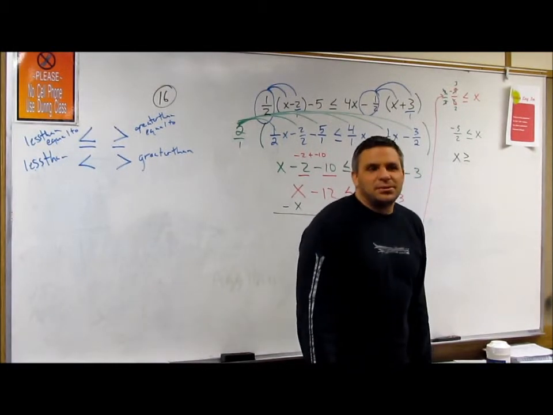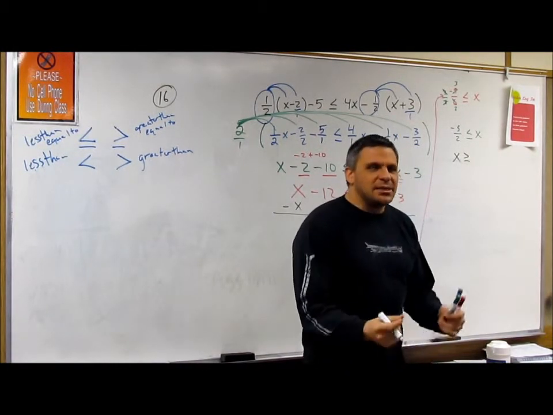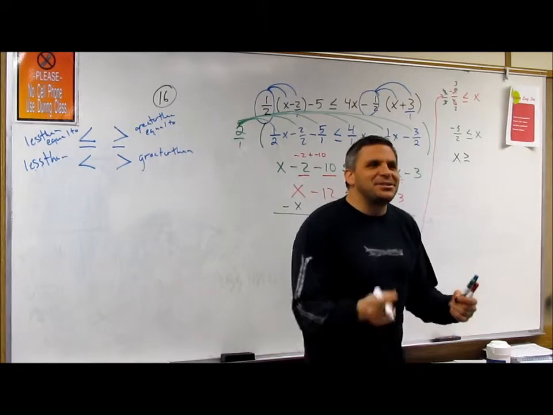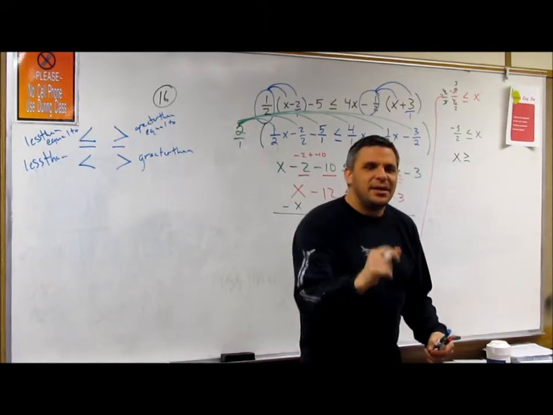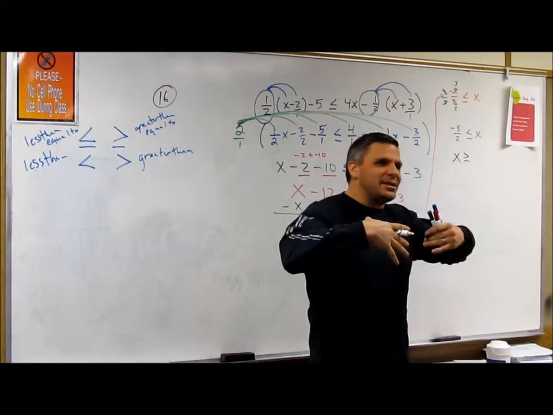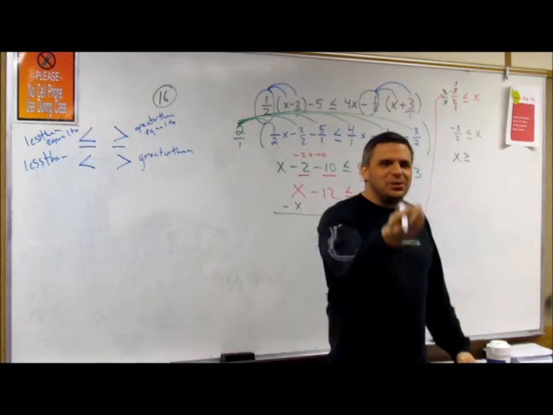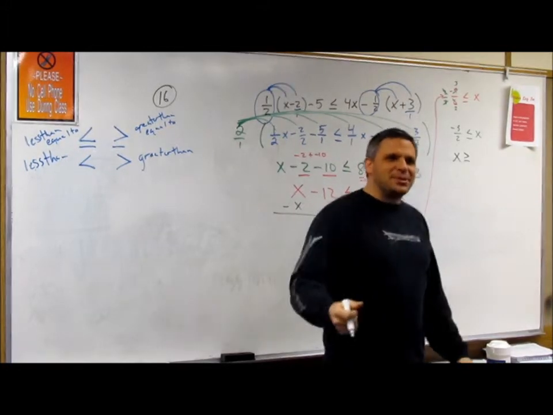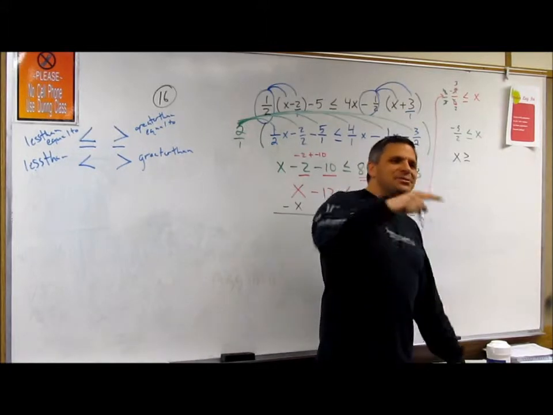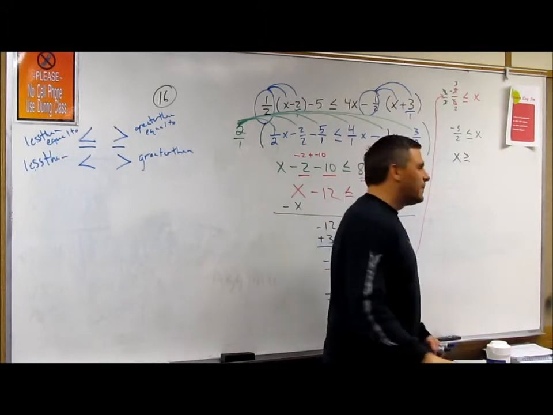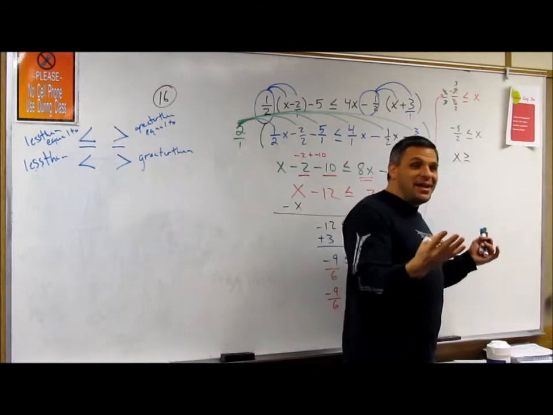It's a rule. It's a rule of thumb. All it is is a trick. It's a trick that you have to do, but it has no meaning. It's just the rule that they're telling you to do every time, but there's no meaning behind it. Here, there's a meaning.